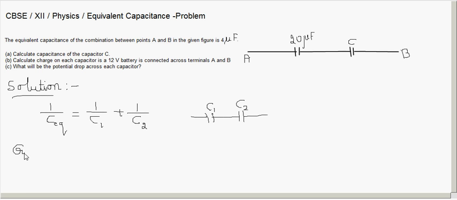Given C equivalent as 4 microfarad. Also given C1 is 20 microfarad, and given C2 is C. So we will first find out the value of C.